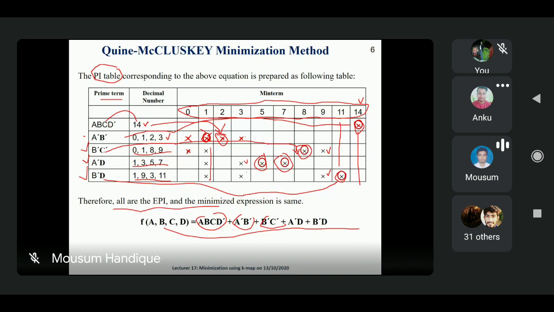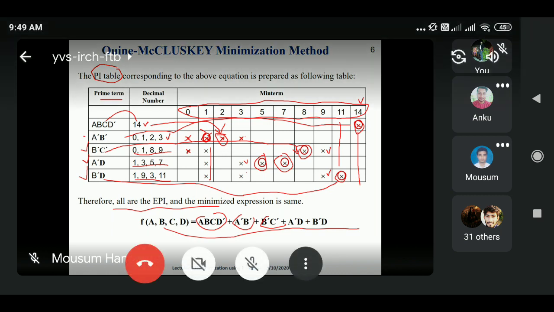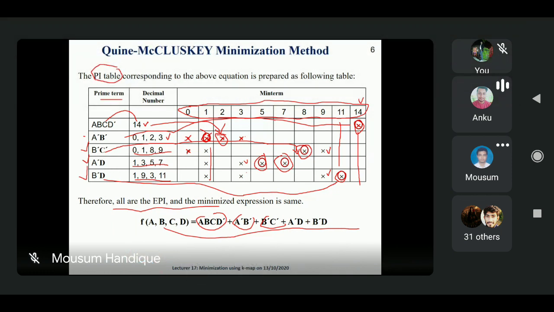Sir, you told us that all these have an essential prime implicant, but they are also all included in the prime implicants. But the prime implicants only contain the largest group of ones or crosses or zeros. So, sir, the first one is not included in any prime implicant.